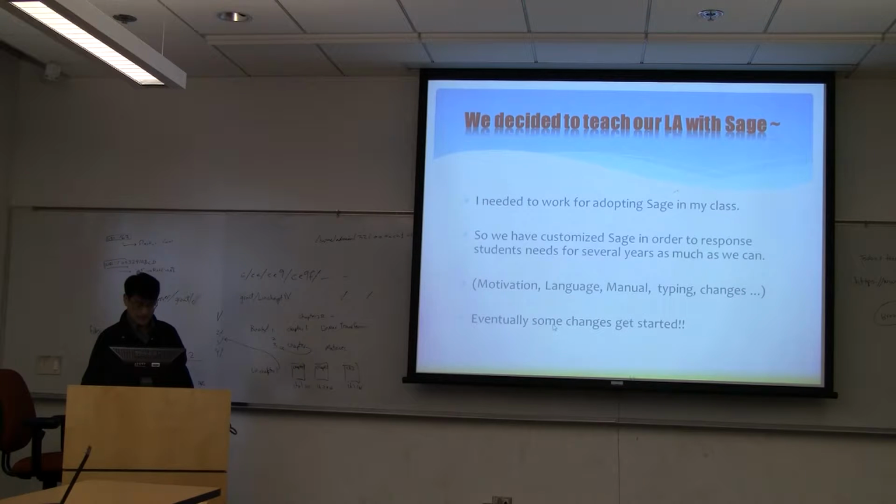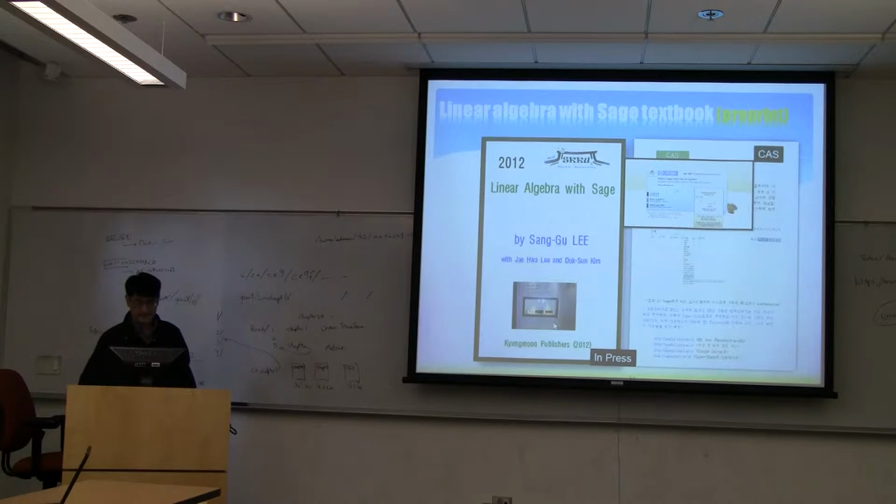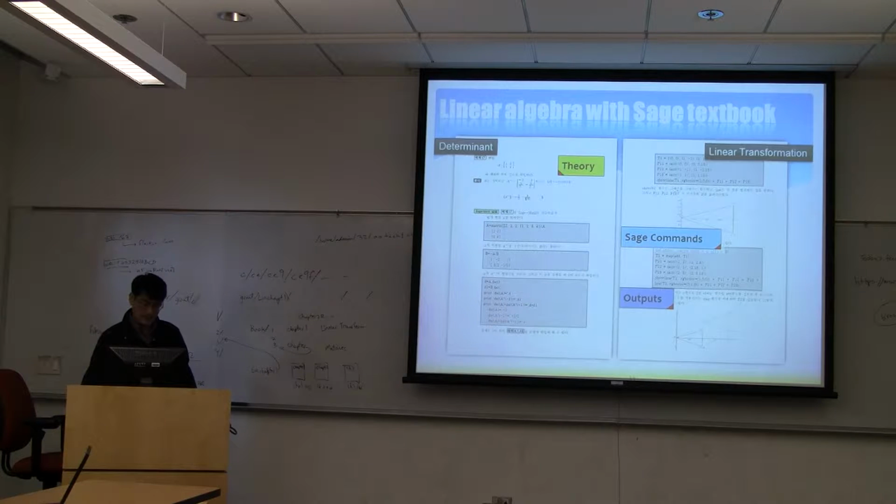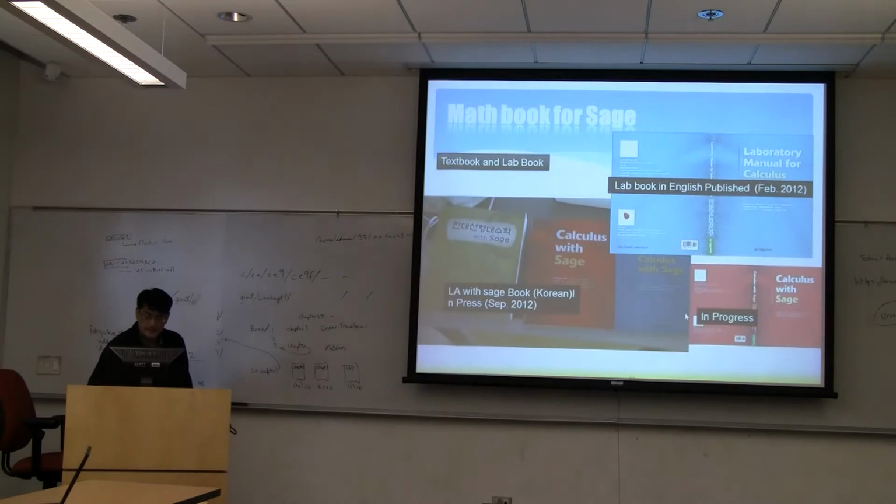And so some changes were made. First, I needed a lecture note, so I prepared the textbook, which is in press now, with the basic theory of linear algebra, Sage commands, and some other outputs.